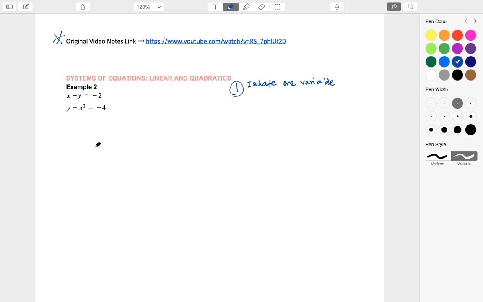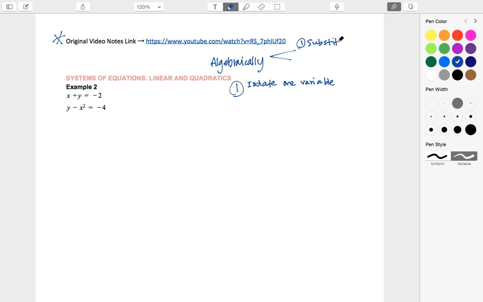When solving algebraically, you have essentially 2 options, right? The first option is for you to solve with substitution.